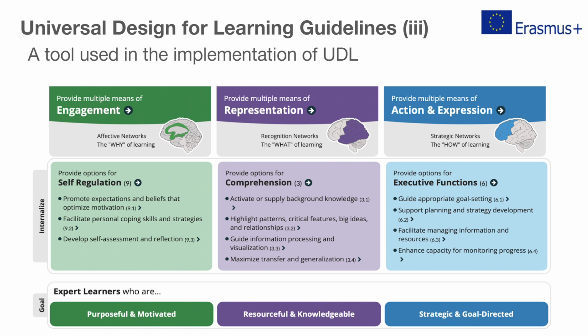Provide options for comprehension: activate or supply background knowledge, highlight patterns, critical features, big ideas, and relationships, guide information processing and visualization, and maximize transfer and generalization. And finally, provide options for executive functions: guide appropriate goal setting, support planning and strategy development, facilitate managing information and resources, and enhance capacity for monitoring progress.